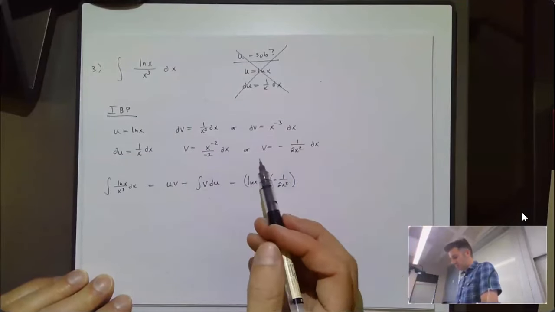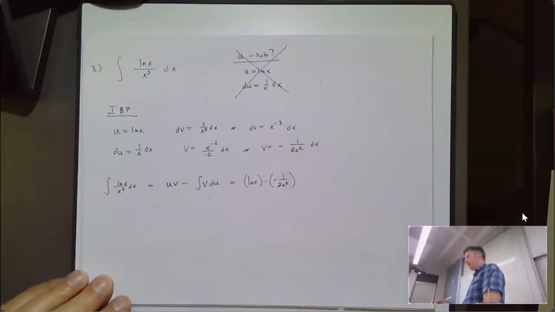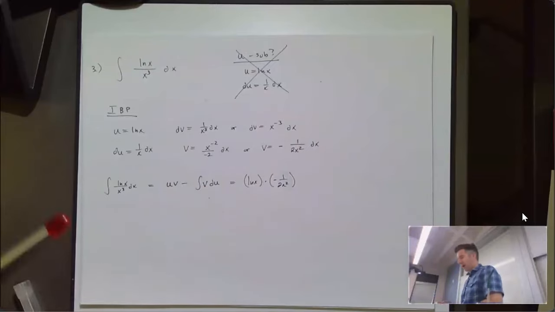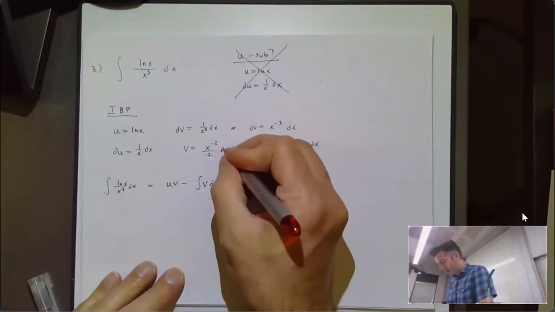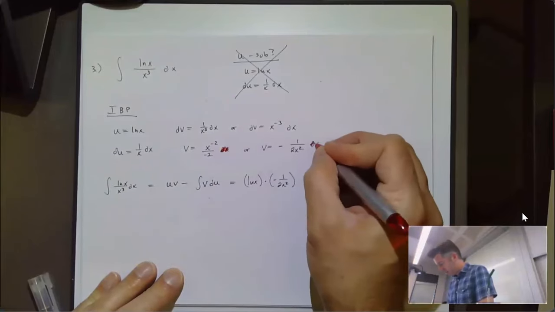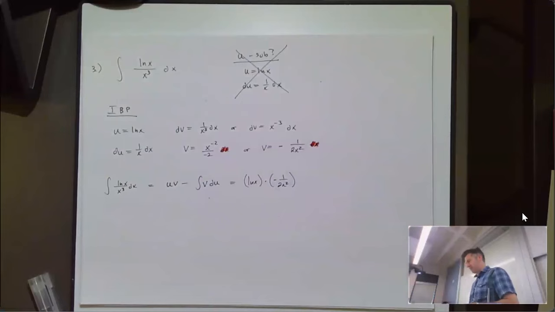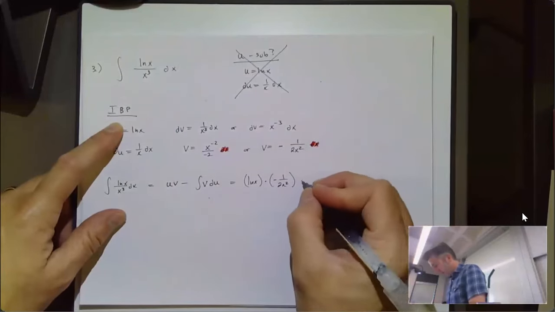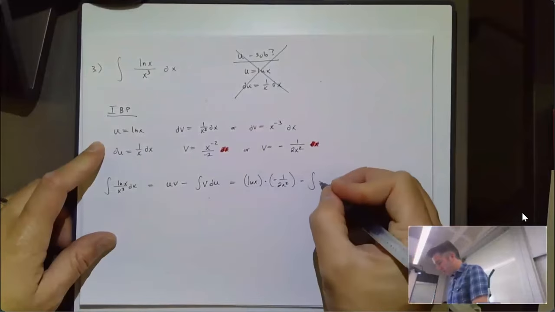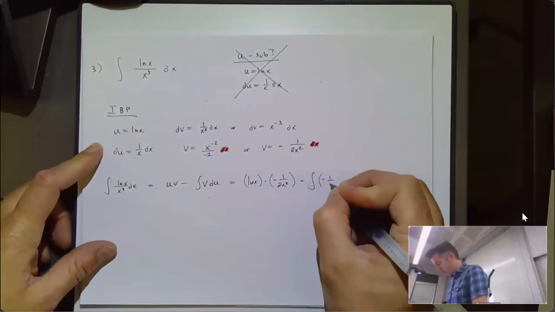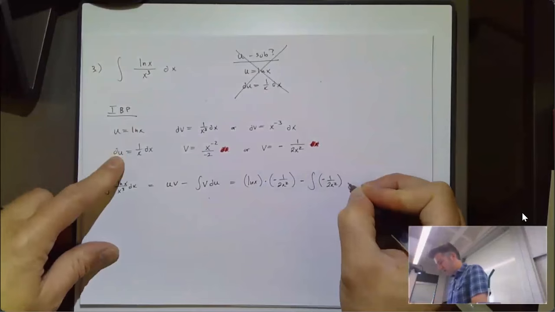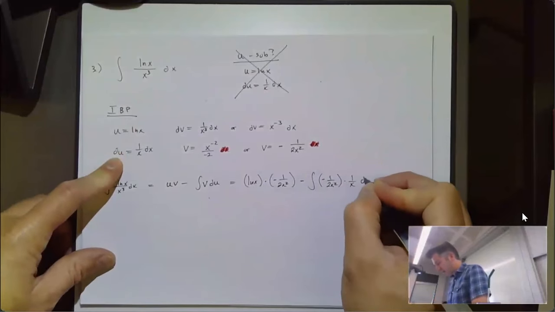Oh, it is right. I just did something stupid. I wrote a dx here. There shouldn't be a dx there, right? So u times v minus the integral of v, so -1 over 2x squared times du, which is 1 over x dx.